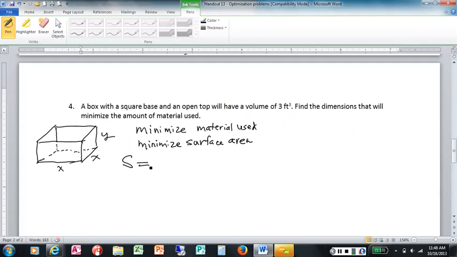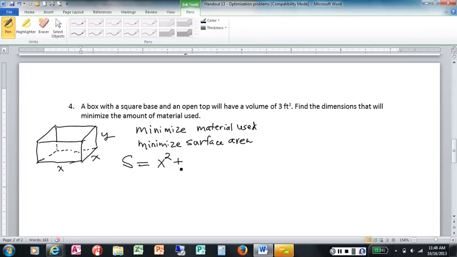Well, I have the bottom, so I have an x by x, x squared. Then I have the sides, which the right side here is an xy area, but notice the left side is also an xy rectangle. What about the front?